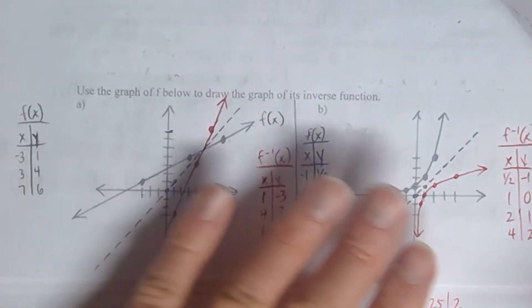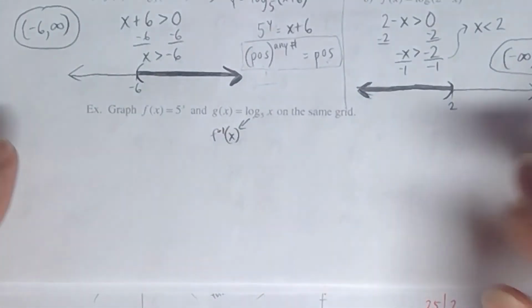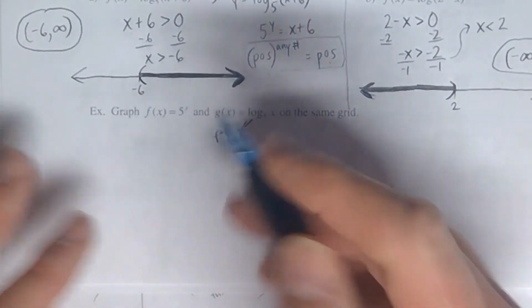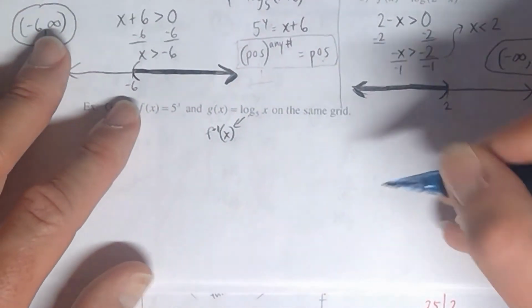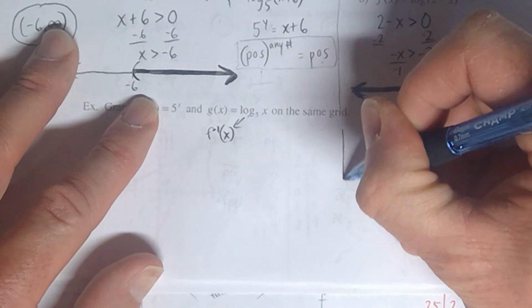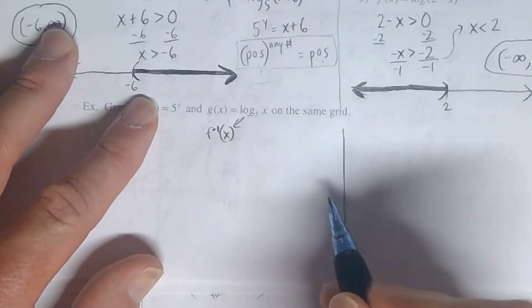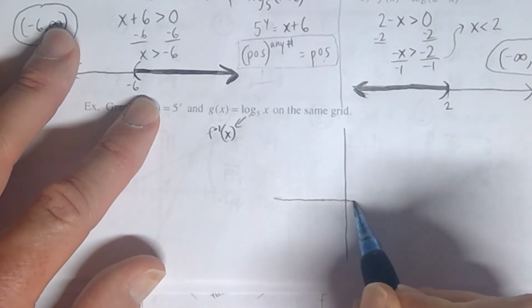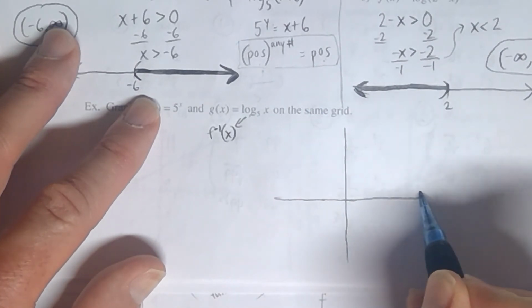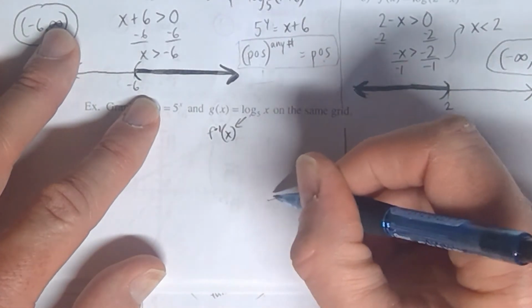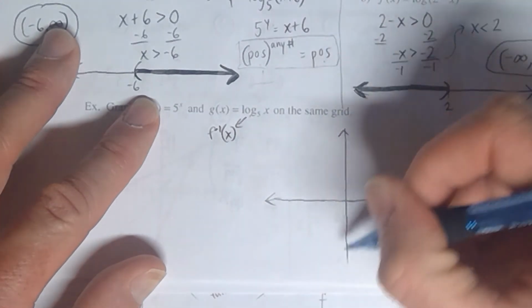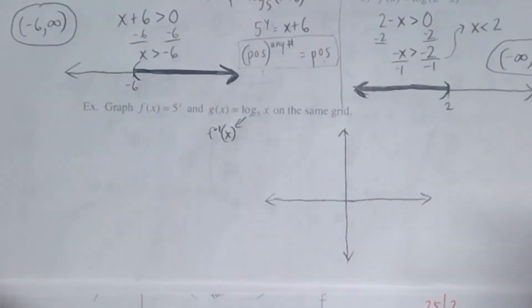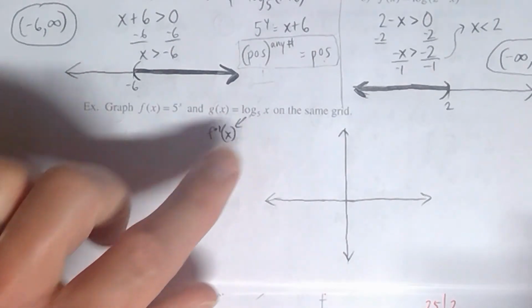So we'll get to that here, but let me go ahead and set up the original function here since we know what that one looks like, and then we'll do the log graph. Since we don't know what that normally looks like, we can take what we learned with the 5 to the x and take the inverse of that and graph the inverse of it, and then that'll give us the log graph.